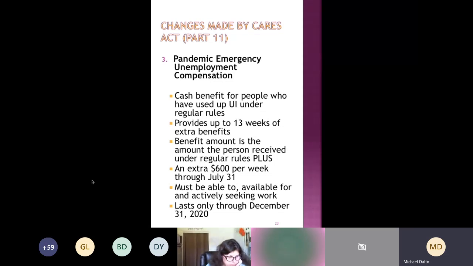But it does say if you are unemployed, partially unemployed, or unable or unavailable to work. And that third condition would be the one that would apply in the situation you described, Rachel. And if it was for one of those 10 reasons, and the one that you specified was somebody had to stay home with their kids because the daycare was closed, then they could be eligible for pandemic unemployment assistance.